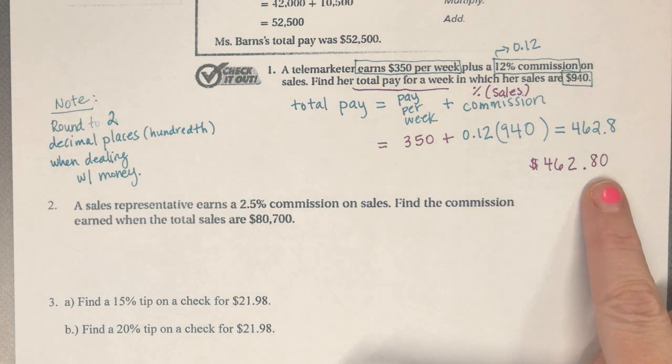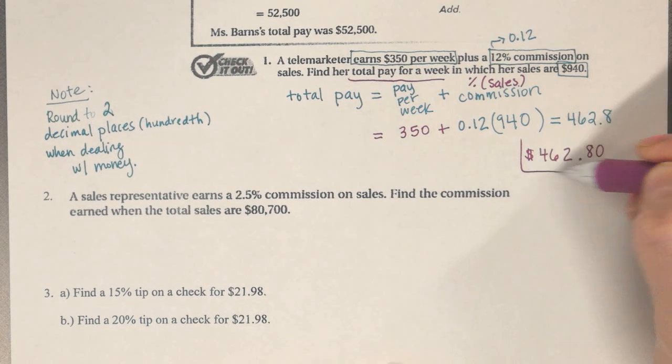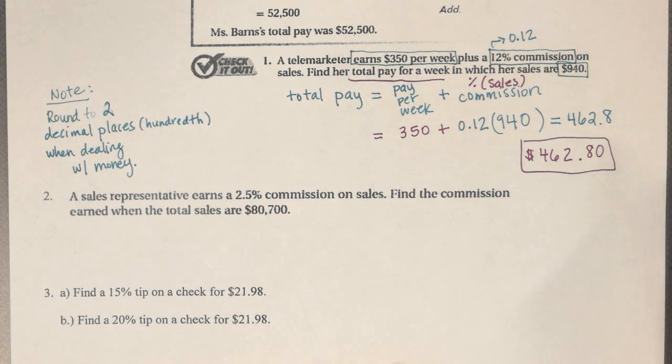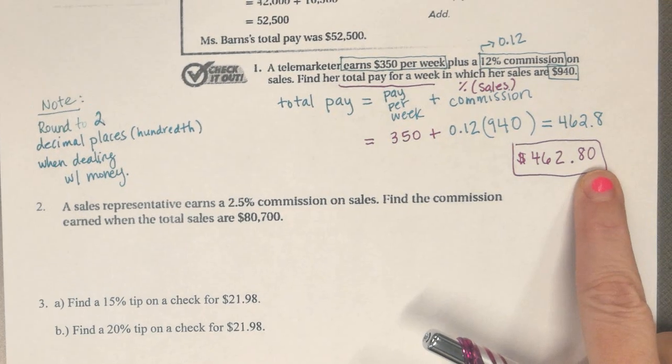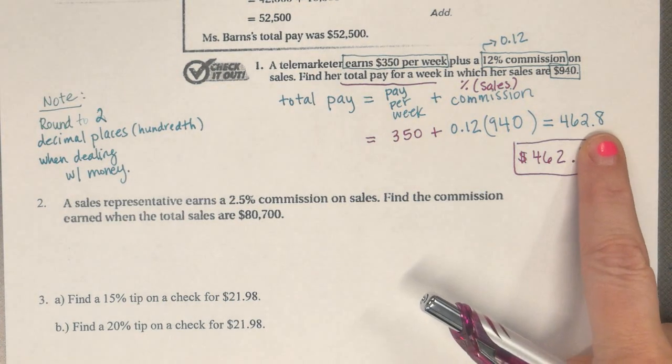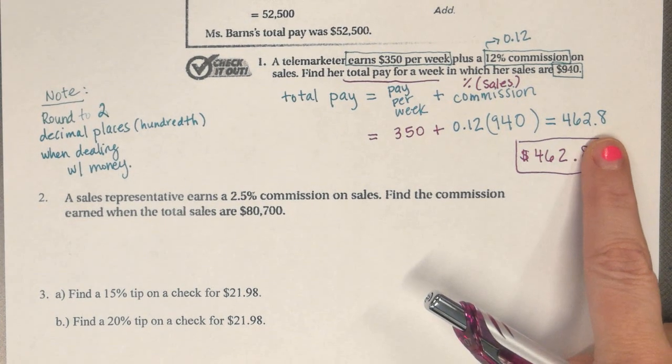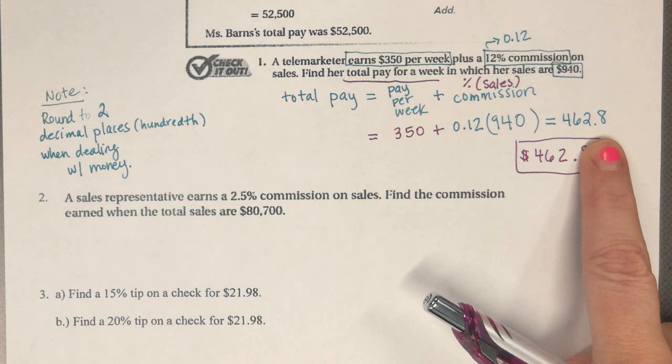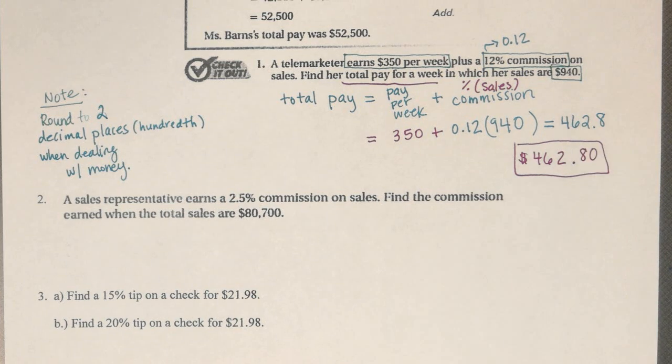Okay, put this on there. Yep, so you can always add a 0 at the end if it doesn't give you what that is. So 0.8 is 80, 0.08 is 8 cents. Okay?